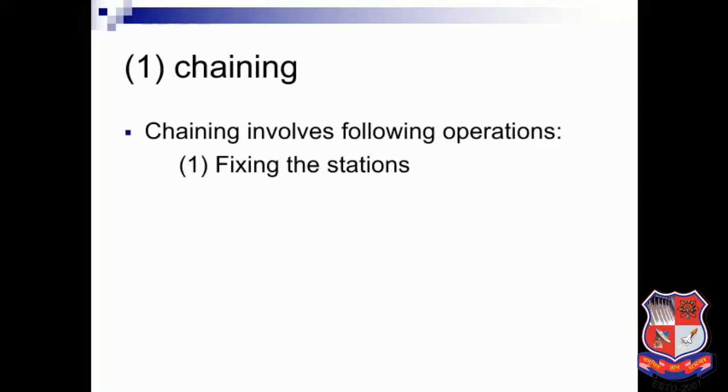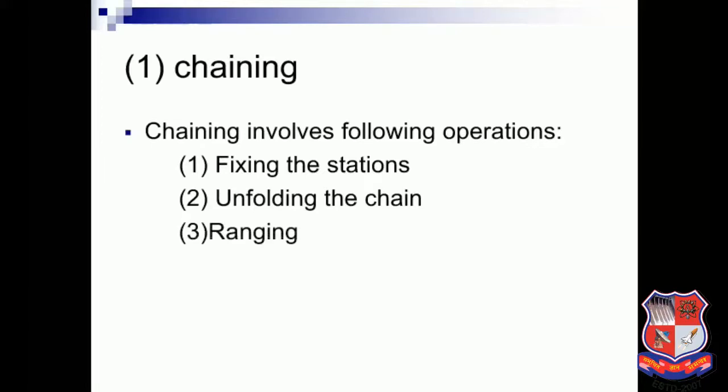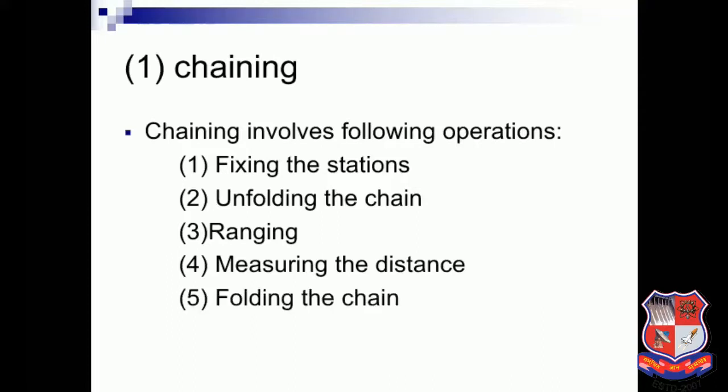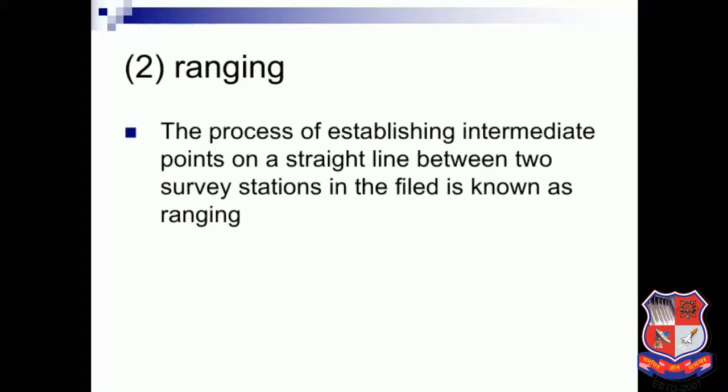Suppose we have fixed stations A and B, then unfolding the chain, then ranging, fourth one is measuring the distance, and fifth one is folding the chain again. Second one is ranging: the process of establishing intermediate points on a straight line between two survey stations in the field is known as ranging.